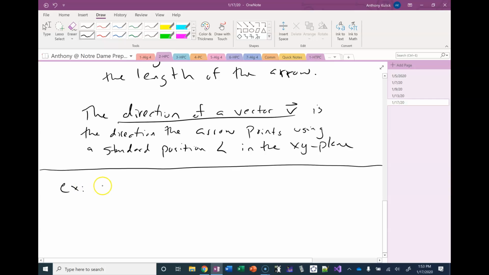All right. Suppose we have the vector with initial point at 3, -2, and terminal point at 5, 1.